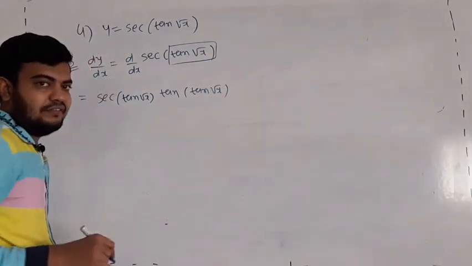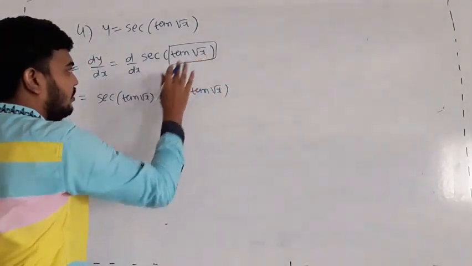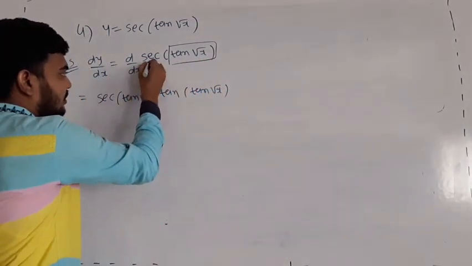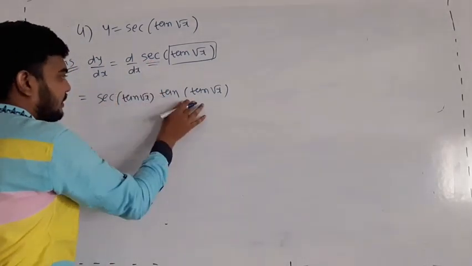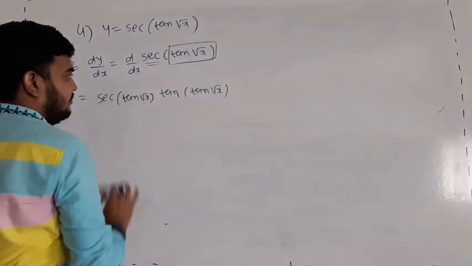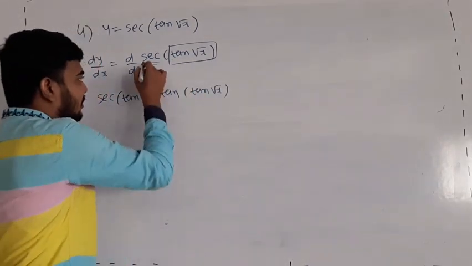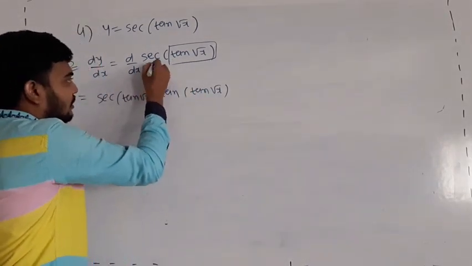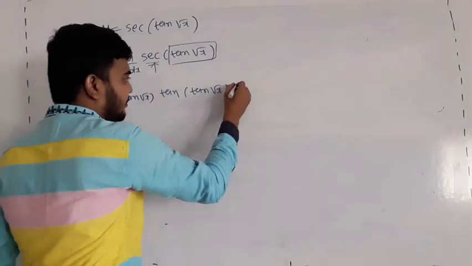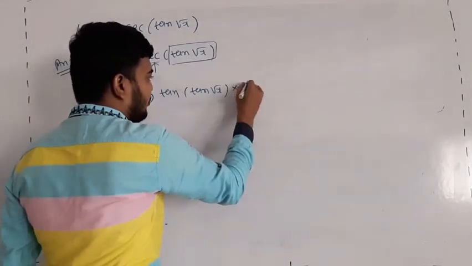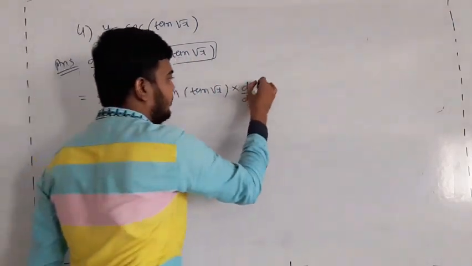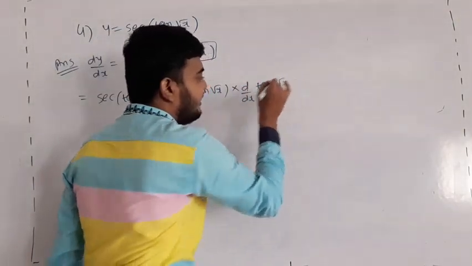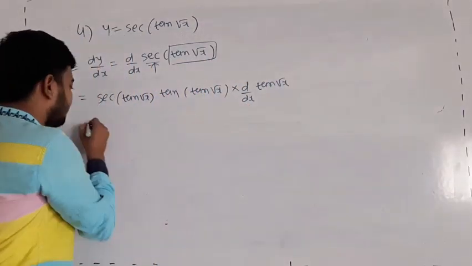Okay, so the differentiation of sec of tan root x: the outermost function is sec, so the differentiation of sec is sec into tan and the angle is the same. Now the differentiation of the outermost function is completed, so apply the multiply sign and now d by dx of the inner function. The inner function is tan root x, so d by dx of tan root x.